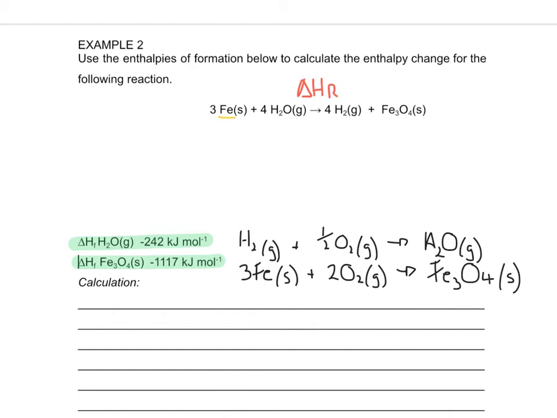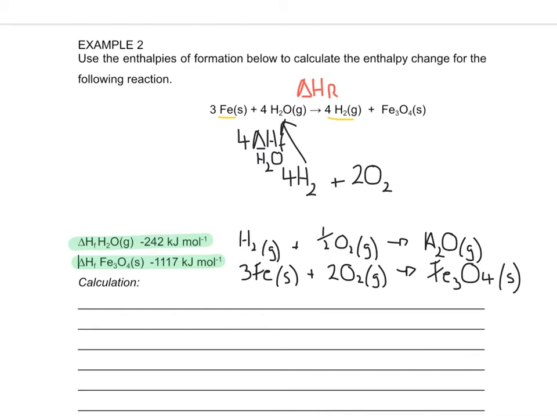I'm going to need 4 hydrogens. And I'm going to need 2 oxygens. Now together they will react, but this will be 4 times the delta HF this time of water, because in the equation we have got 4 molecules of water. Now again, hydrogen is an element, we don't need to form it, but we do need to finish off by forming iron oxide.